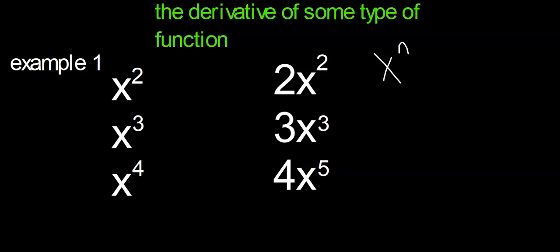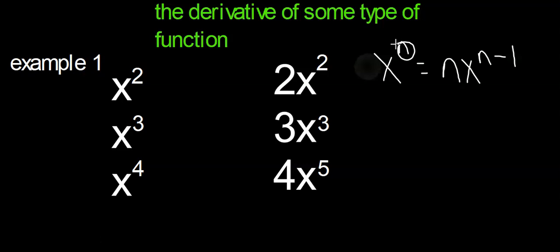If it is in this type of form, to derive it, it will be n times x raised to n minus 1. So just try to memorize this. All you have to do is bring this exponent, or the constant number, down, and then subtract 1 from that exponent. That's what you have to do all the time.